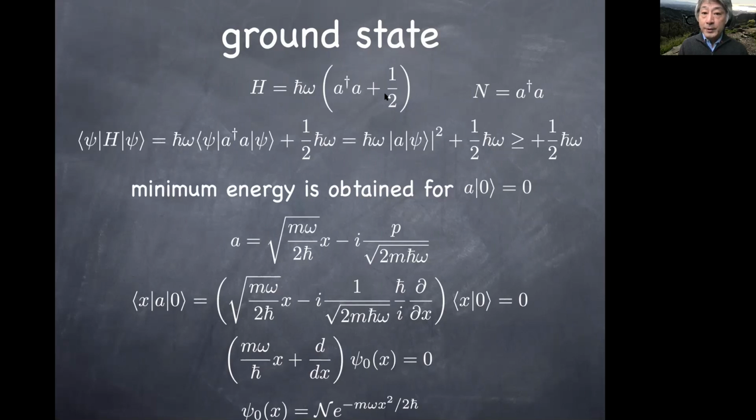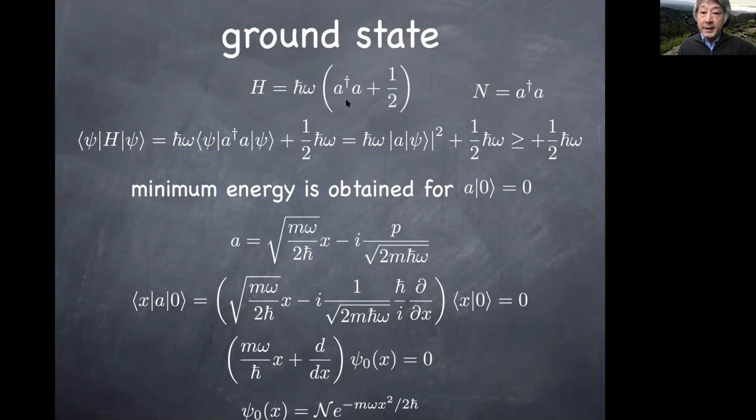And that's how you know that the ground state has energy eigenvalue half times h bar omega. And we have proven that's the smallest the energy can be using this semi-positive definiteness of the norm of the vector in Hilbert space. So that's how you can obtain the ground state wave function for the harmonic oscillator.